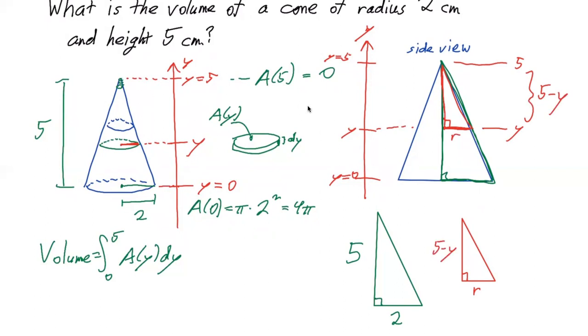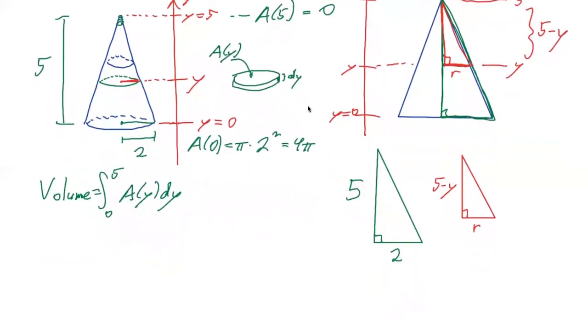Okay. And we want r as a function of y, right? Because then the area is going to be pi r squared. But we can use some similar triangle ideas. If we want to think about similar triangles, you can remember the ideas that the ratios of the sides are the same. So for example, 2 is to 5 as r is to 5 minus y.